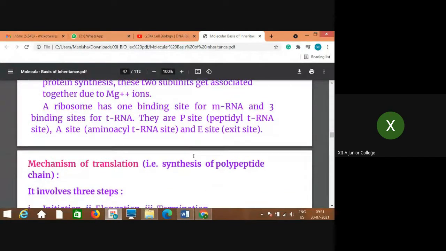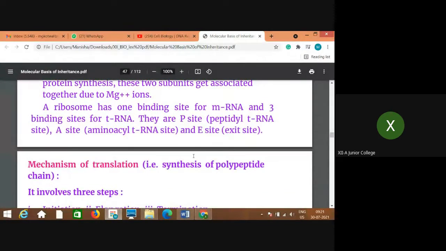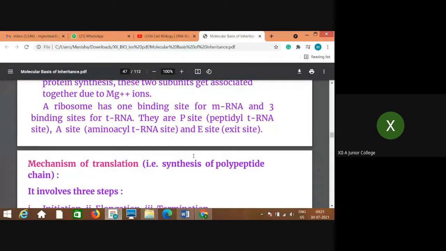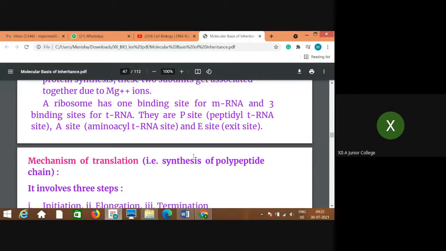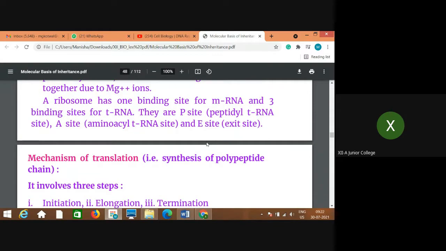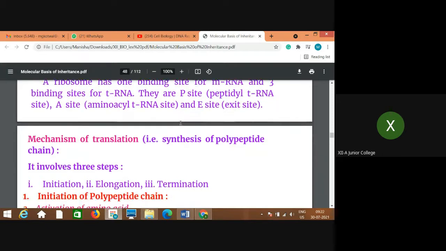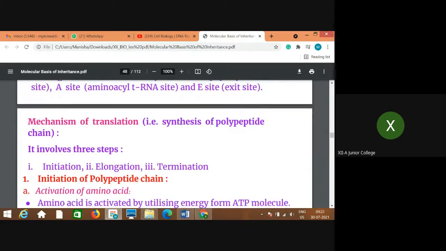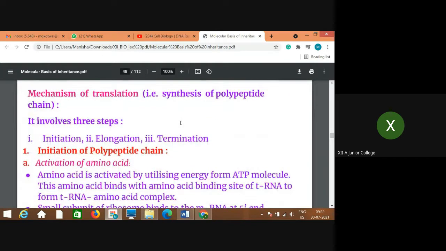A ribosome has one binding site for mRNA and three binding sites for tRNA. I will show you in the diagram what exactly that is. And what are these sites? For tRNA: the peptidyl site, that is the P site, the amino acid site, that is the A site, and E, that is the exit site.